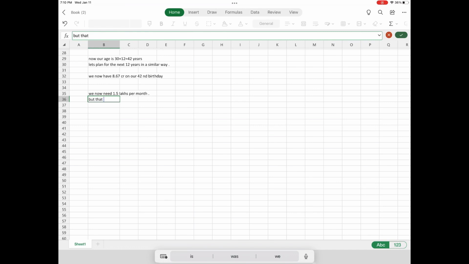So that means we require a minimum of 3 lakhs per month. But now I believe that our lifestyle would have also changed. We need better things. So I am going to put another 50% extra, like a bonus for us to spend. So 3 lakhs plus 50% will come to 4.5 lakhs.